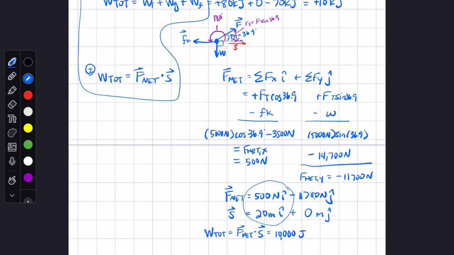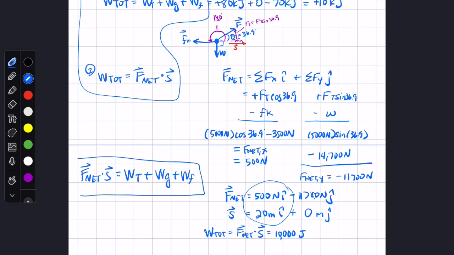So these are equivalent. In other words, F net dot S is equal to the work done by all the forces added together. So in the context of this problem, F net dot S is also equal to the work done by the tractor plus the work done by gravity plus the work done by the frictional force. You can set the right-hand sides of both of these equal to each other. Okay?